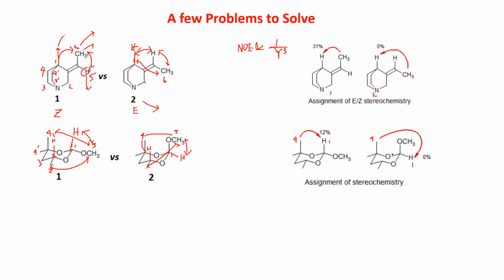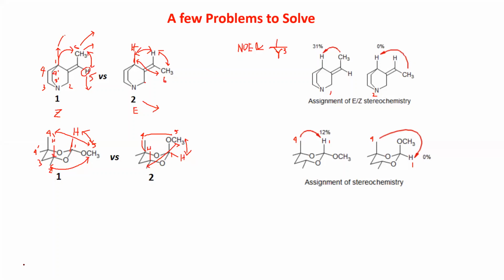Here in the other, one is axial, another is equatorial, far away. They are closer in the first. So if you irradiate 1, you will see enhancement for compound 1 for proton 4, whereas for compound 2 there will be no enhancement. And we see the enhancement here is 12%. It's experimental.